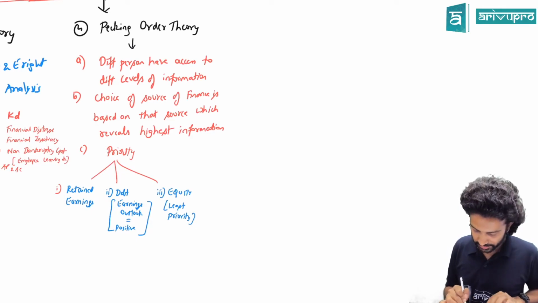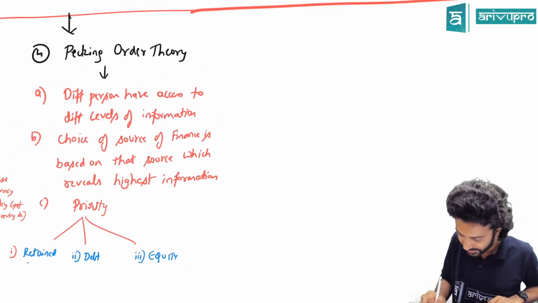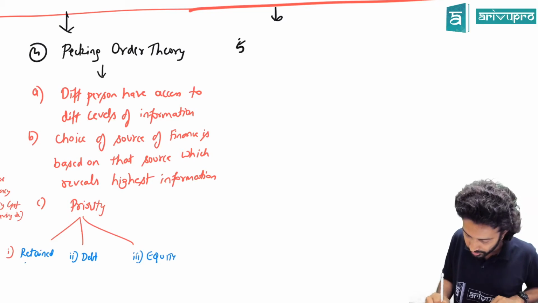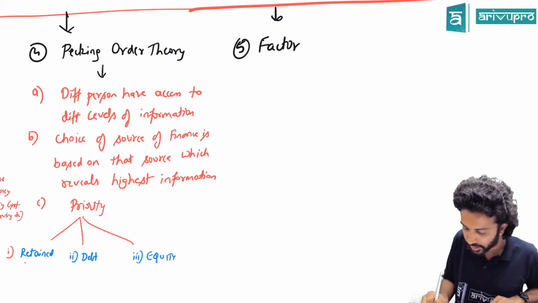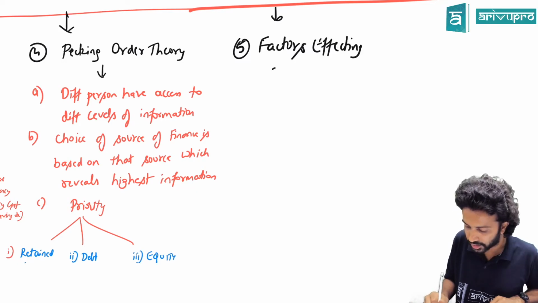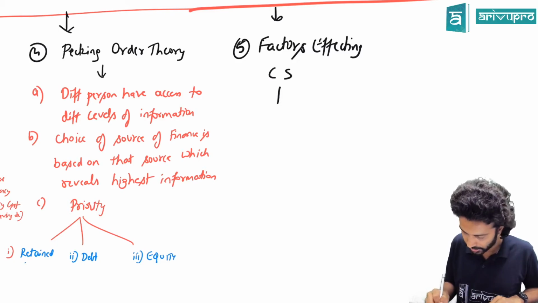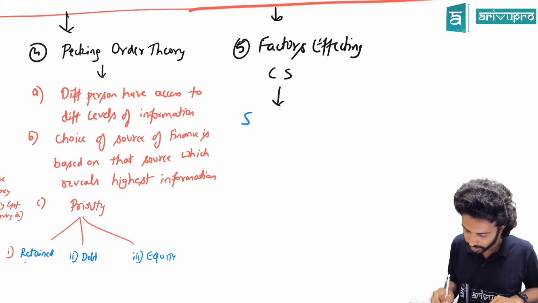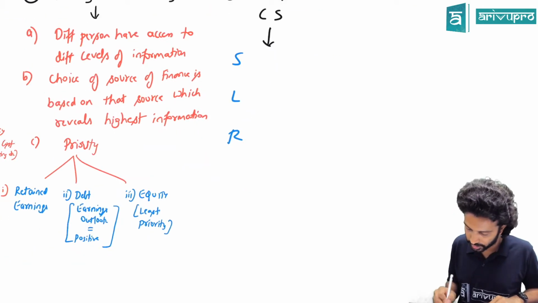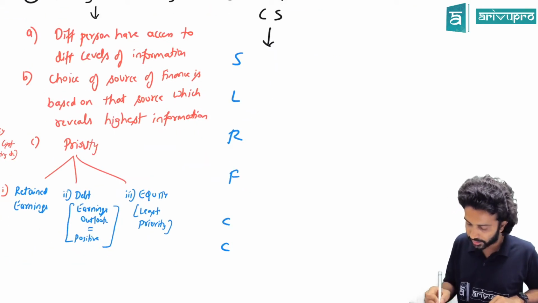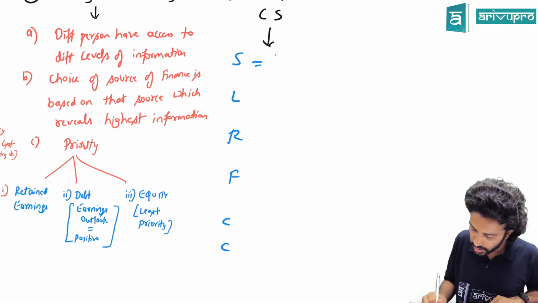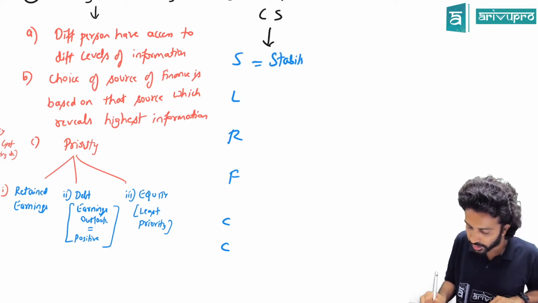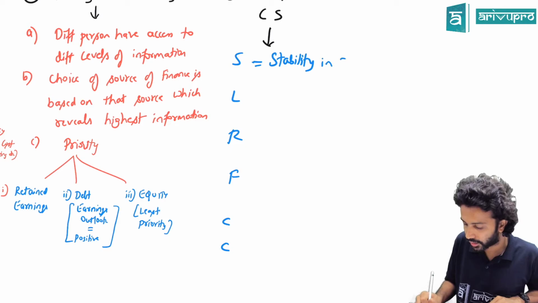Okay. Next is factors. Factors affecting CS, as in capital structure. We wrote something, no? What is that? SLR, awesome. SLRFCC. S for stability in sales and growth.